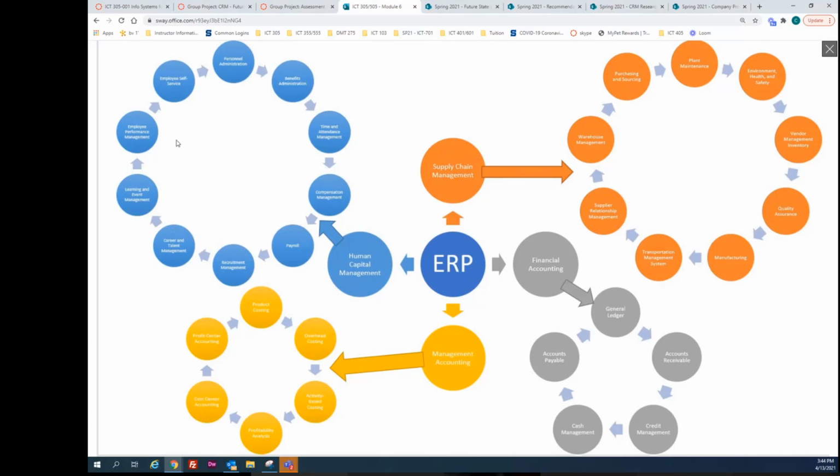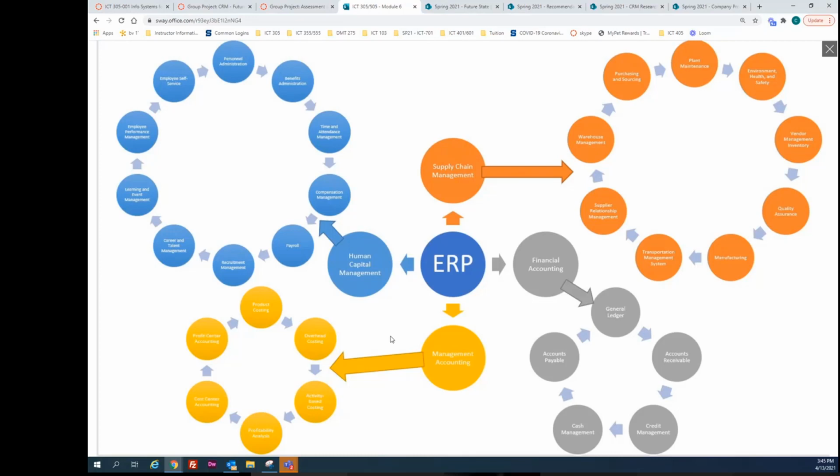In a lot of companies that I've worked for, these have all been separate modules, and it takes a lot to get them to talk to one another, which is why this book covers why it should be part of your overall enterprise resource planning tool or system that you have, where all of this information is able to be stored in a centralized database or a centralized repository where you can pull information from all of this to help your company make better decisions about their company.